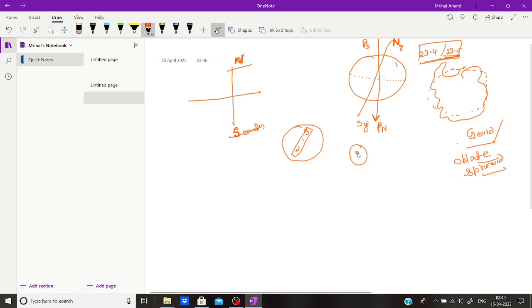In the core of the earth we have very high pressure and temperature also, but the pressure is extreme. That's why we get solid iron inside the core of the earth.